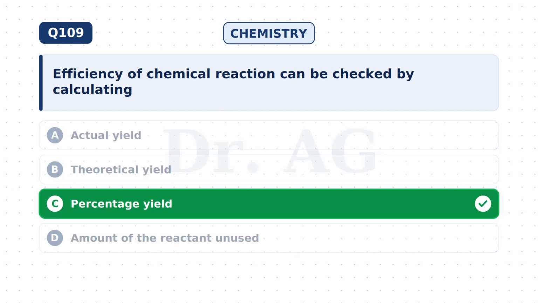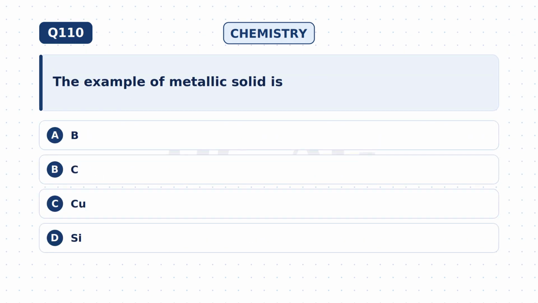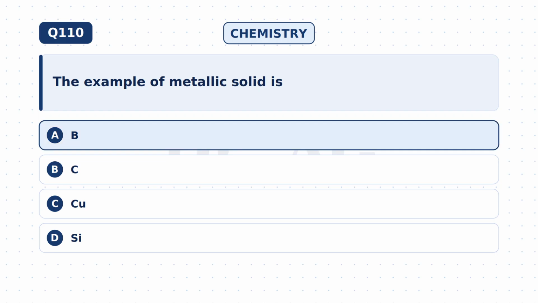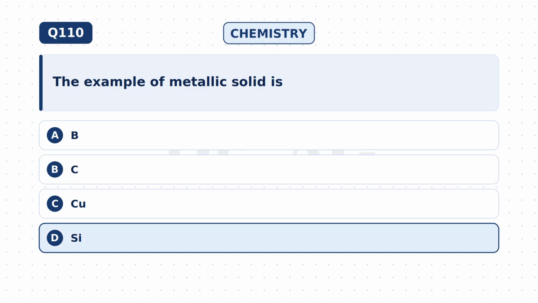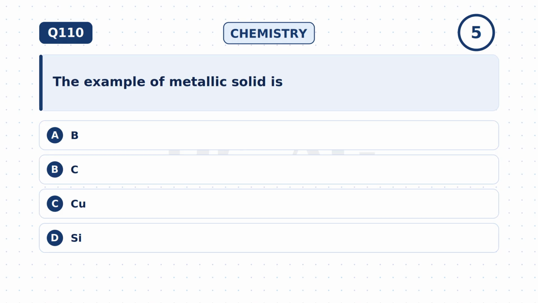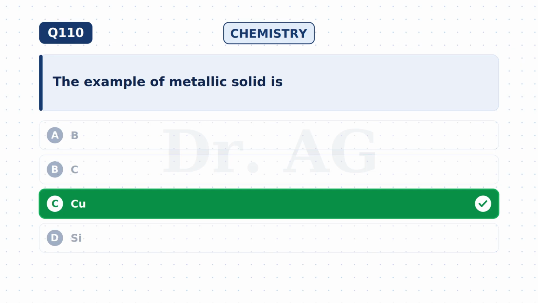The correct answer is C, percentage yield. Question 110. The example of metallic solid is Option A, B, Option B, C, Option C, Cu. Option D, C. The correct answer is C, Cu.